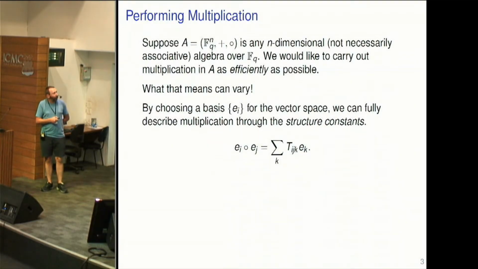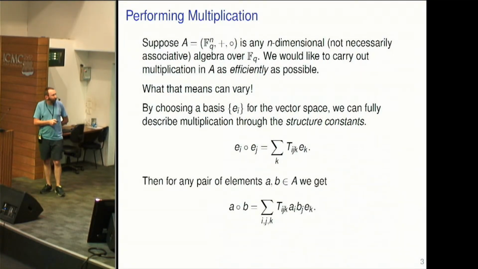Well, to start very generally, if I want to describe an algebra, which again is not necessarily associative, I can take two of my standard basis vectors, form their product, and expand it in terms of the same basis, and you get these structure constants T_{i,j,k}.